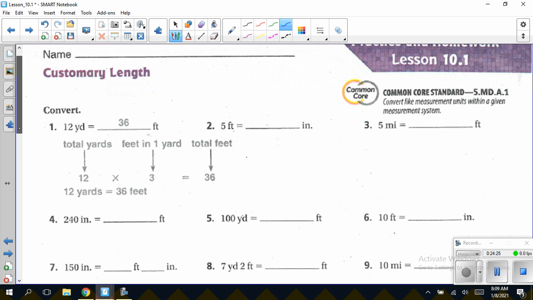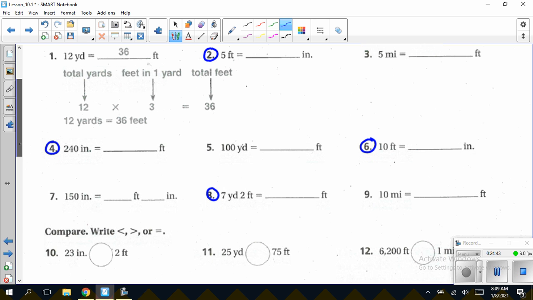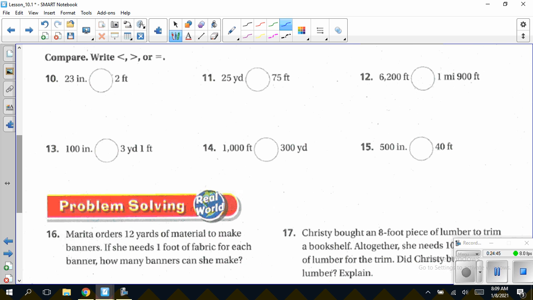So when I look at the evens only, the top section, 2, 4, 6, and 8, you are going to be doing those conversions. Don't forget either fly to horse or horse to fly for those 4 questions. Then there are questions that you will have to do some comparisons. So 10, 12, and 14.